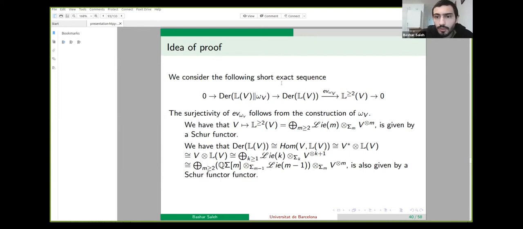So we have a Schur functor here, we have a Schur functor here, and one can show that this map is coming from a map of Schur functors. So we can show that this evaluation map corresponds to a map of Schur functors.